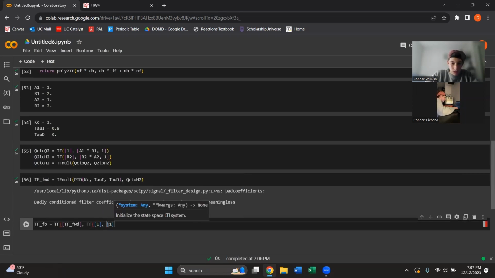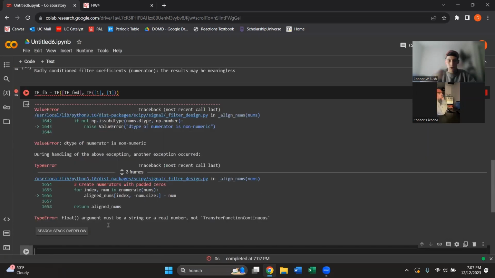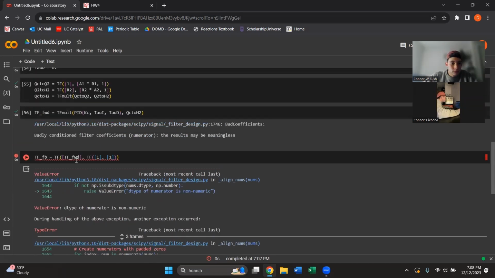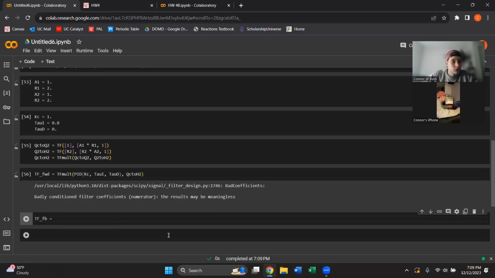Let's just make this one a transfer function. So the numerator is, so this is the forward, and then the denominator is the, let me continue from my confusion.